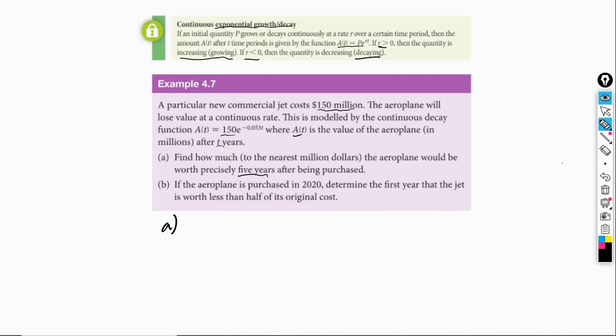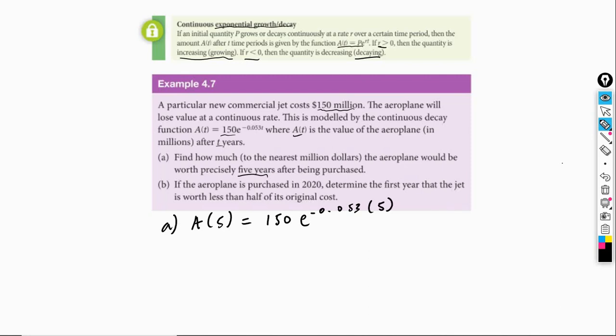So that would be A of 5 is equal to 150e to the power of minus 0.053 times 5.